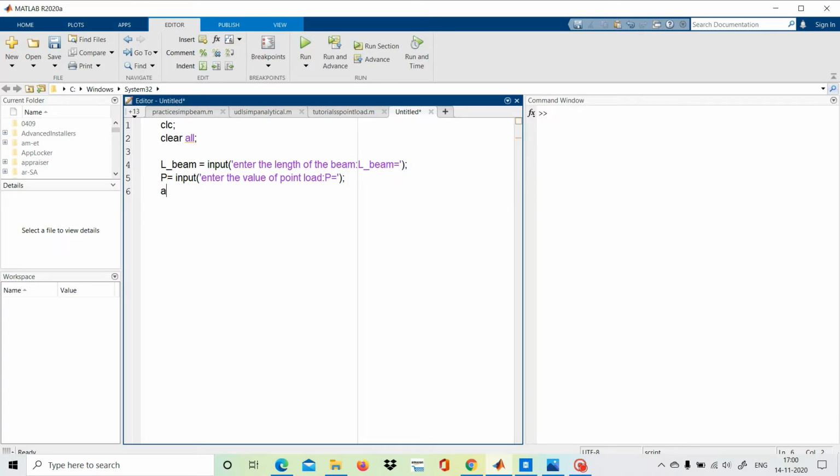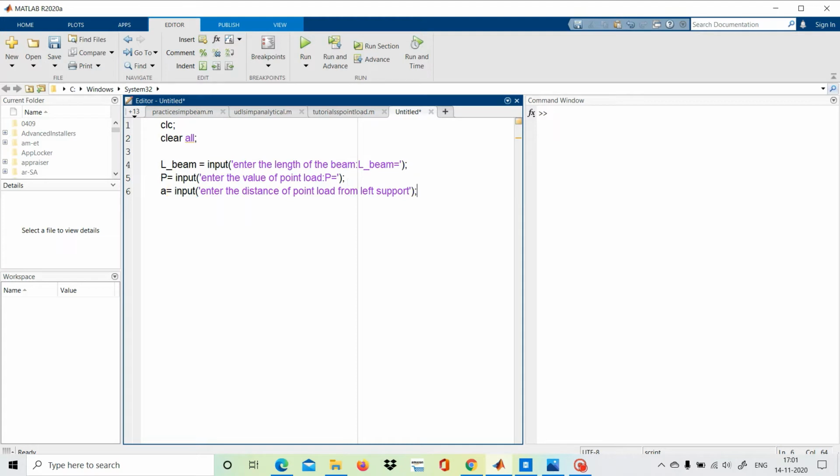Then small a, which we represented for our convenience, is the distance of the concentrated or point load from the left support. So we will give it input, 'Enter the distance of point load from left support'.